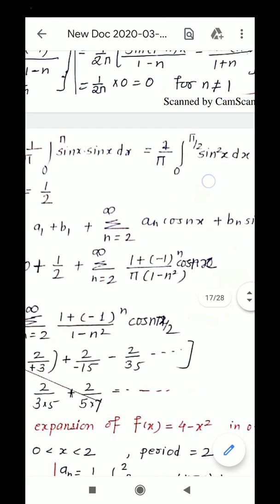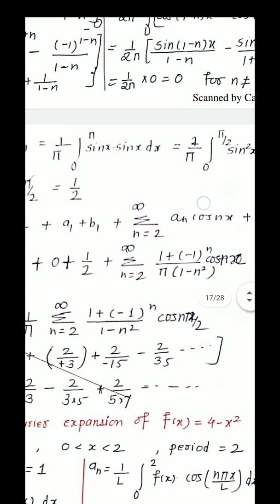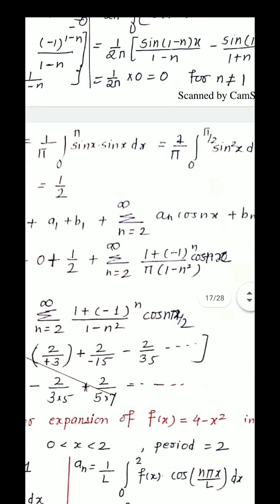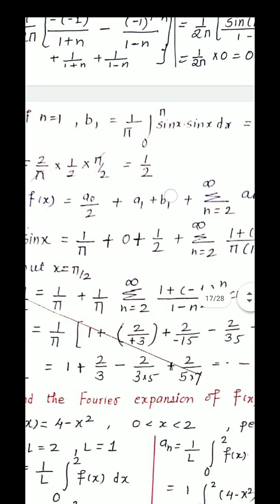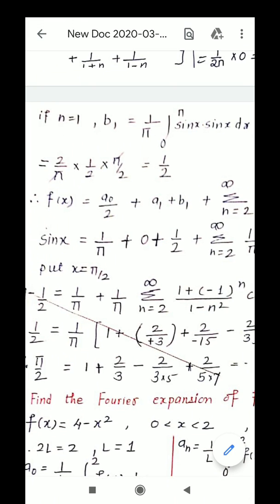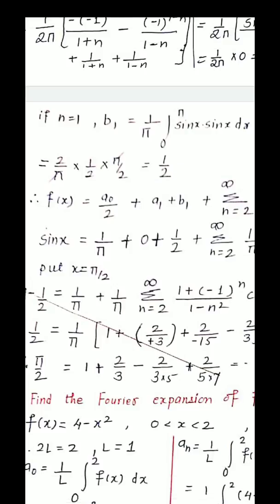And how do we integrate this, 2 times 0 to pi by 2 sin square x, using the reduction formula? This 2 by pi as it is, and its integration is 2 minus 1 upon 2 into pi by 2, that is 1 by 2 into pi by 2. So this pi gets cancelled, 2 gets cancelled, so b1 is 1 by 2.